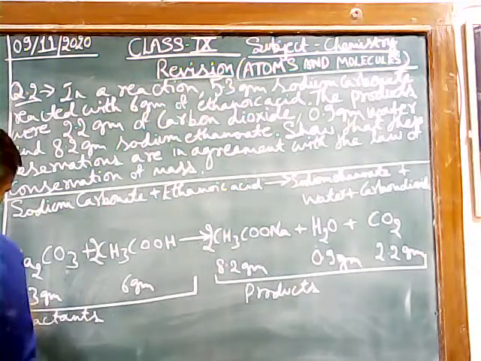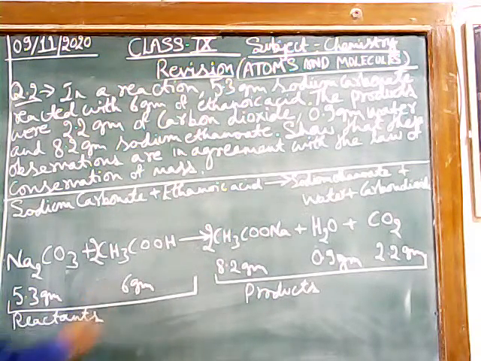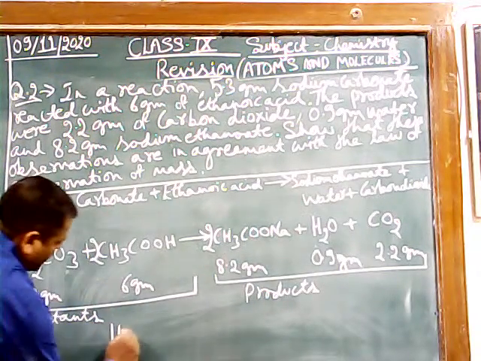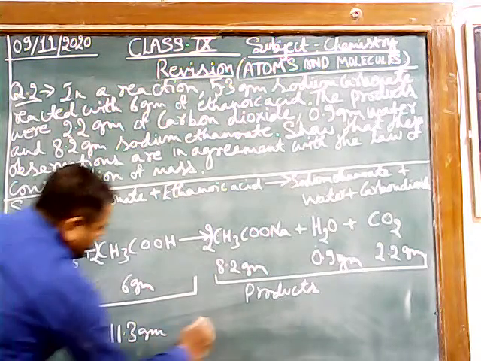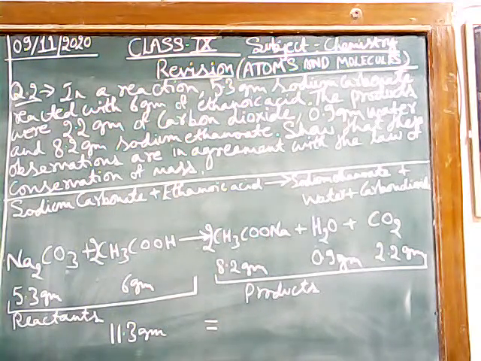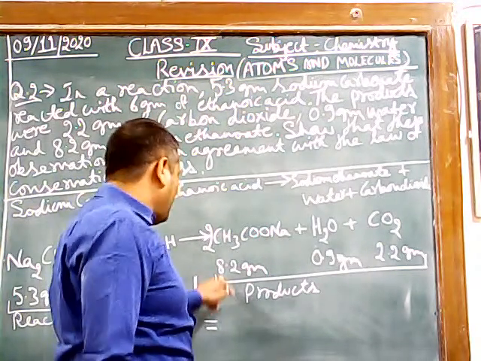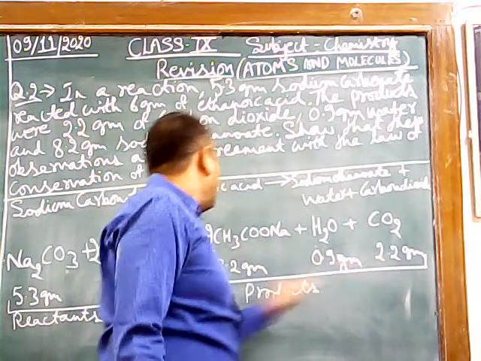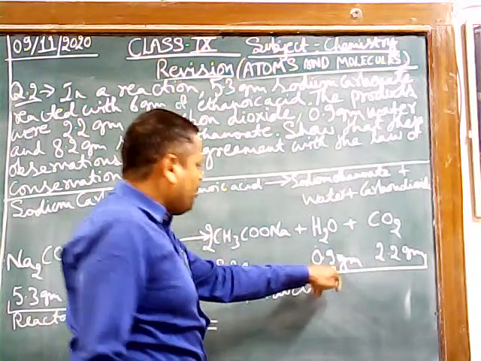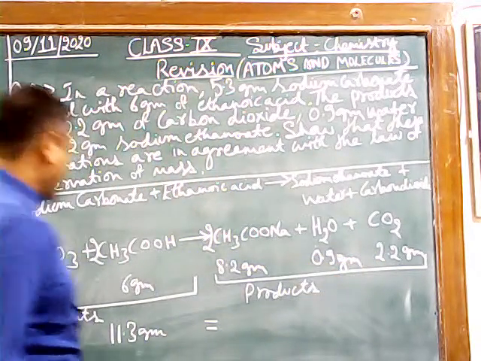See, this will be 11.3 gram. Check: 8.2 plus 2.2 is 10.4, 10.4 plus 0.9 is 11.3 gram. Okay.